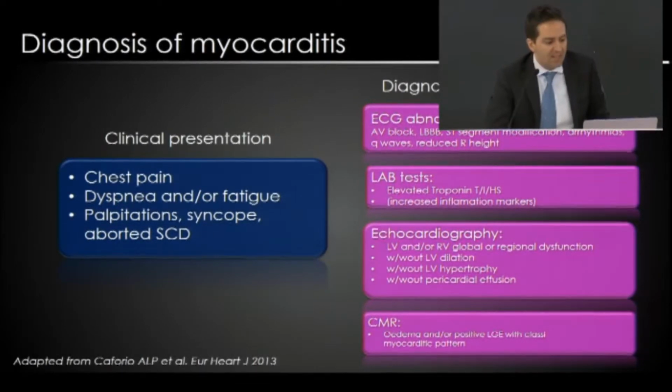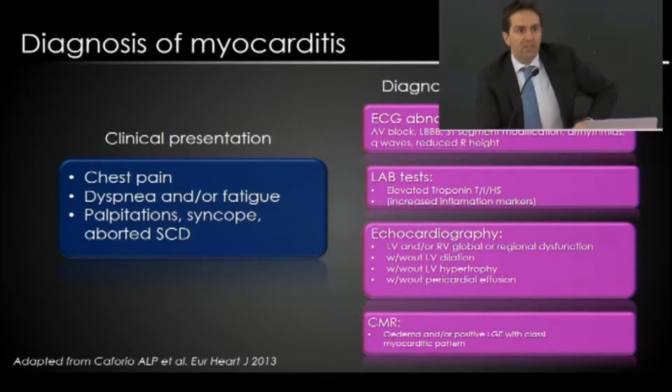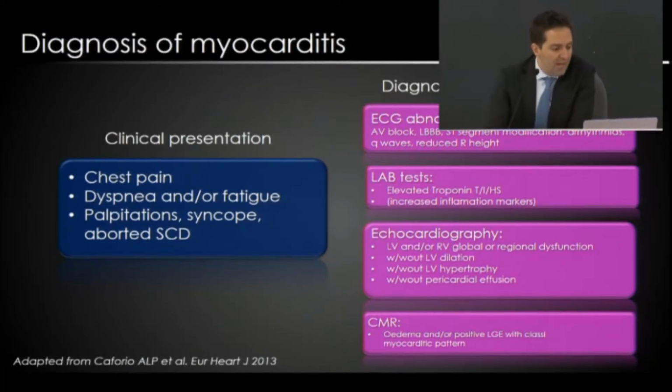On lab tests, you can identify elevated markers of cardiac damage such as troponin, or of course inflammation markers. On echocardiography, you can find different markers of dysfunction of the left ventricle, or edema or pericardial effusion. And on CMR, you can have some markers of edema or fibrosis of the left ventricle. We will see this in the next slides.